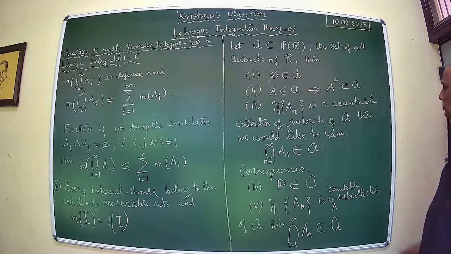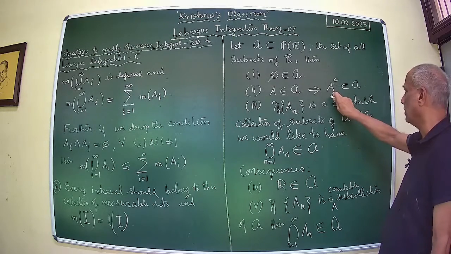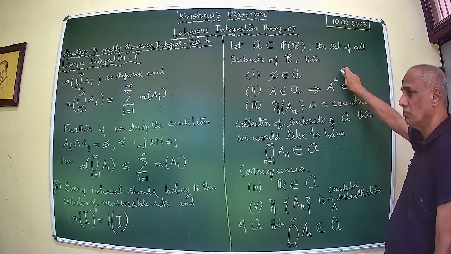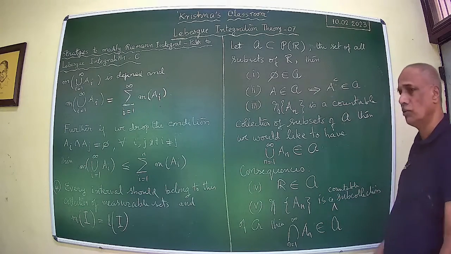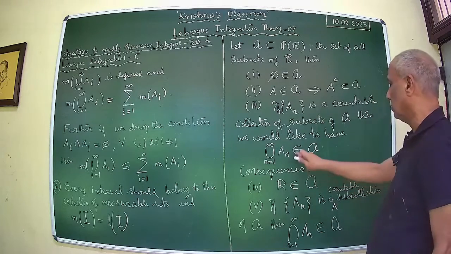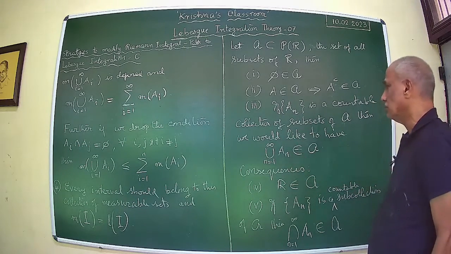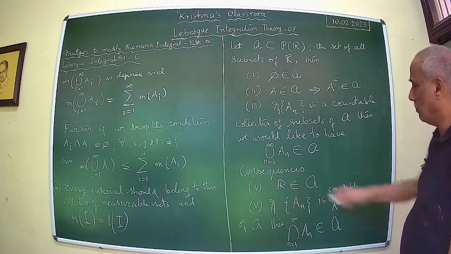This is easy to see because if you take phi for A, then phi complement is the whole set. Therefore, by 2 the condition 4 is valid. And if you go for the intersection, take the complement of this.